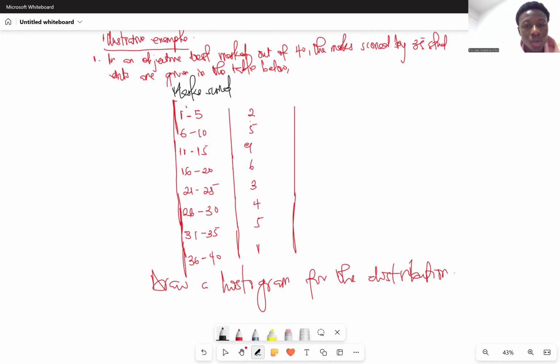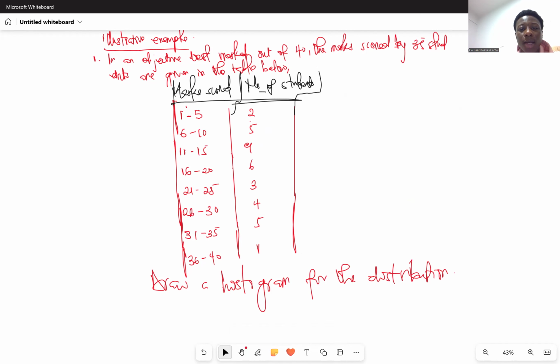Then this section should be number of students. Just imagine my table. Not the best.